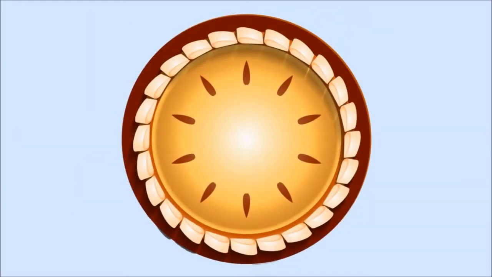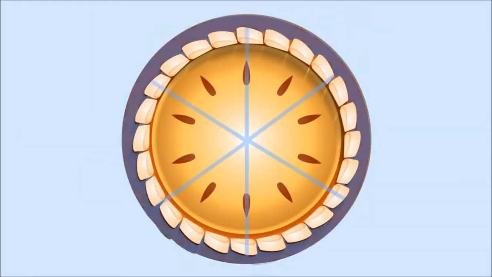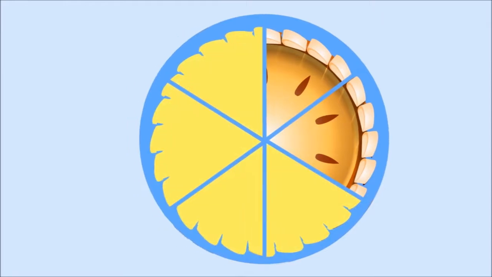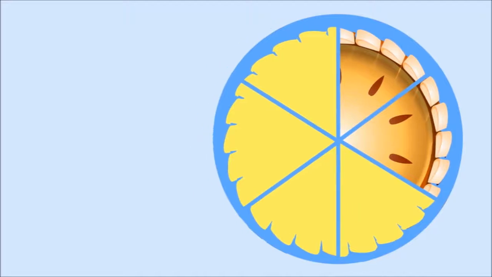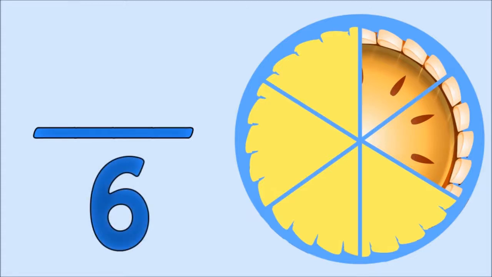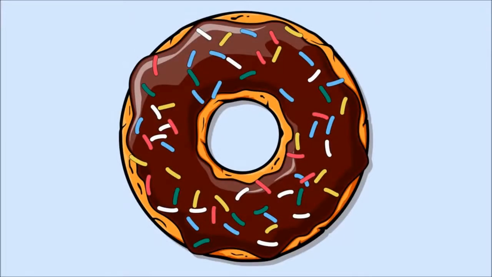Let's try another example. This pie is divided into 6 pieces, and you eat 4 pieces of it. If there were 6 pieces of pie and you eat 4, what is the denominator of your fraction? That's right, 6. What is the numerator? Yep, it's 4. That means that you ate 4/6 of the pie. Let's try one more example.